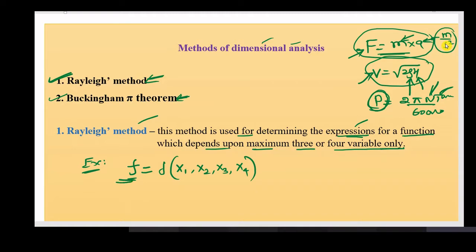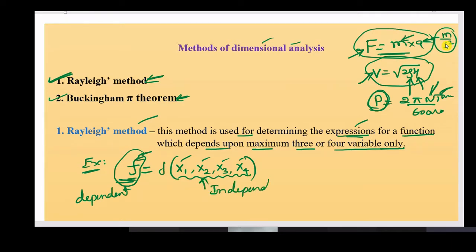So in this equation, f depends on 4 variables. This f function, the left hand side, we will call the dependent function or dependent variable. This dependent variable is dependent on these 4 variables. These 4 variables we will call independent variables.